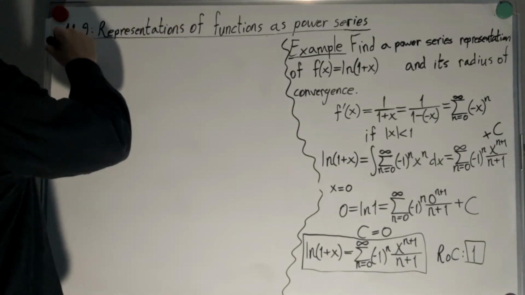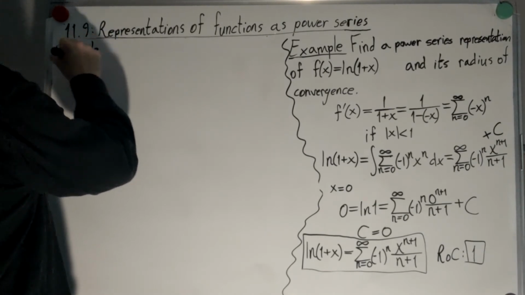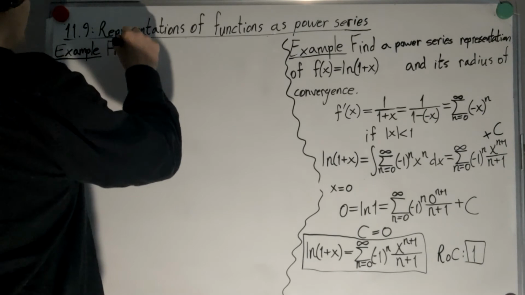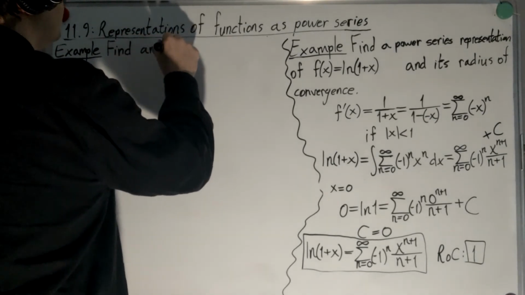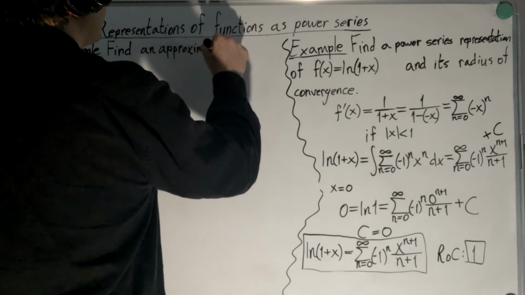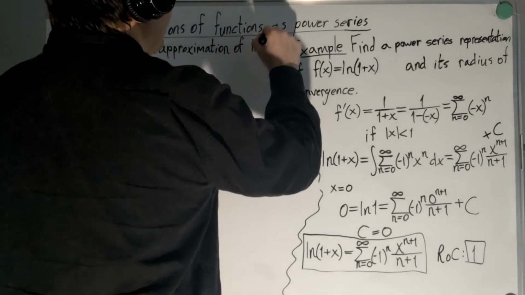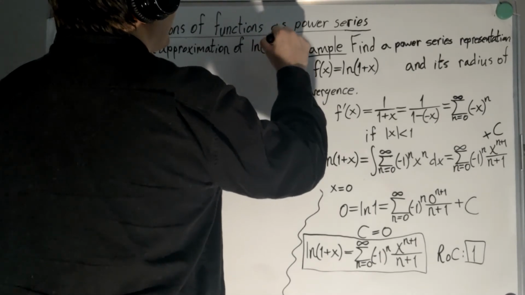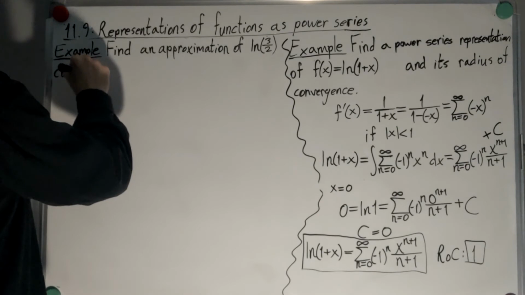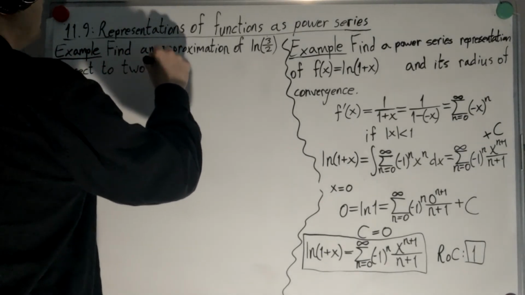So, in this example, I'm going to want to find an approximation of the natural log of 3/2 that is correct to 2 decimal places.